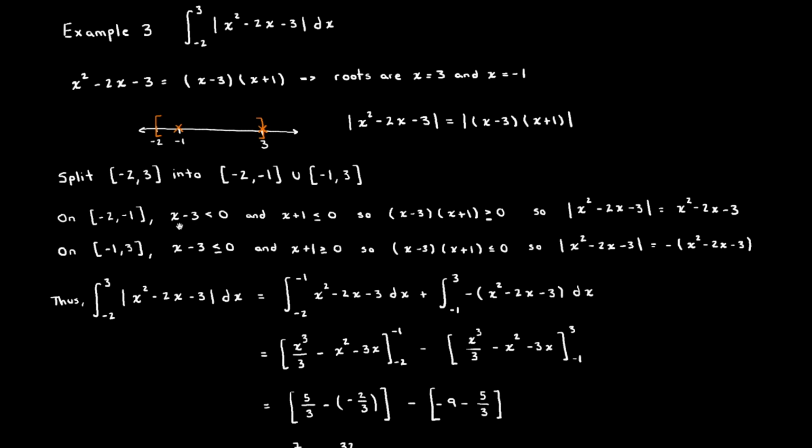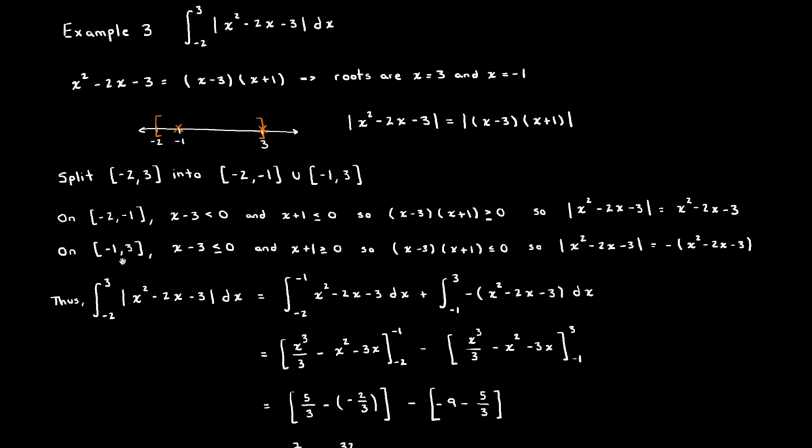Okay, so then x minus 3 and x plus 1 both have to be negative. So that means their product, the product of two negatives, makes a non-negative. And also, what is this product? It's exactly our original quadratic, x squared minus 2x minus 3, right? So that tells us that if this quadratic is non-negative on this interval, then I can just drop the absolute values, right? So the absolute values can simply be dropped and I get this.